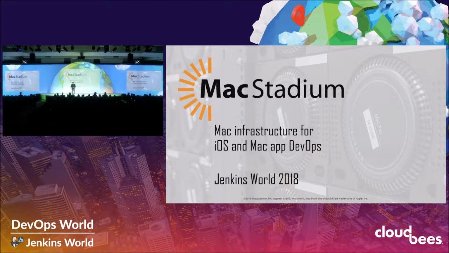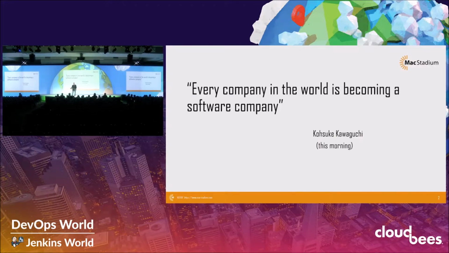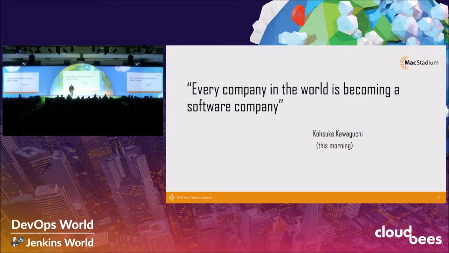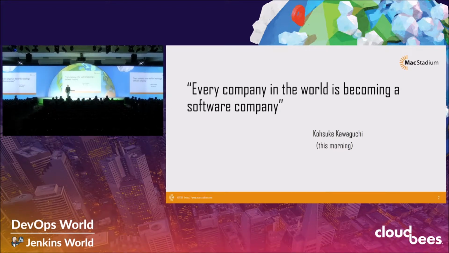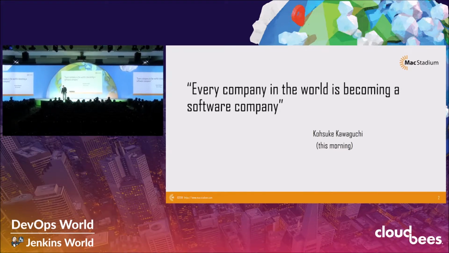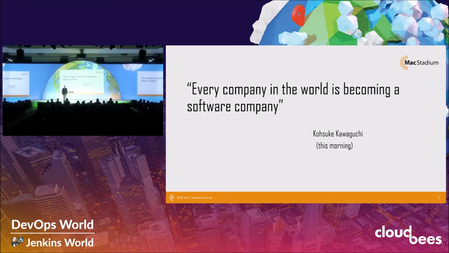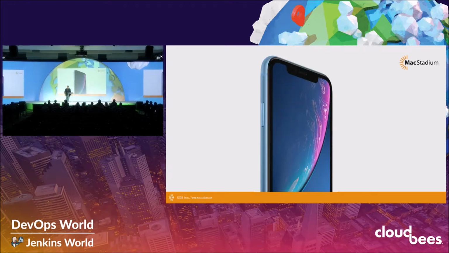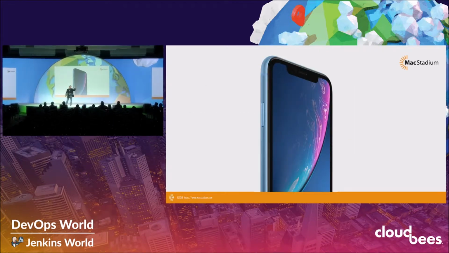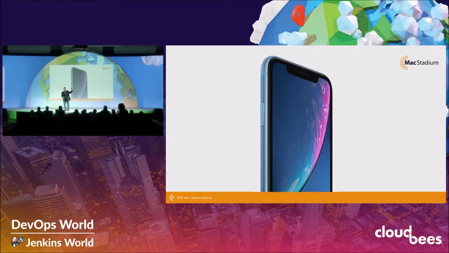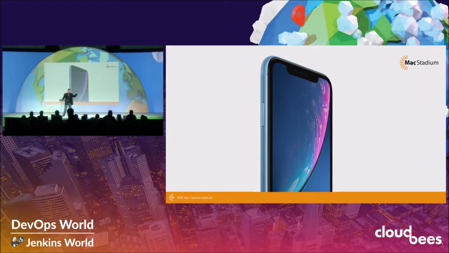So today I'm going to talk to you about Mac infrastructure for iOS and Mac app DevOps. Every company in the world is becoming a software company. We heard that this morning. And a big part of that is because of this. This is the most powerful and widely distributed computing platform in human history to date.